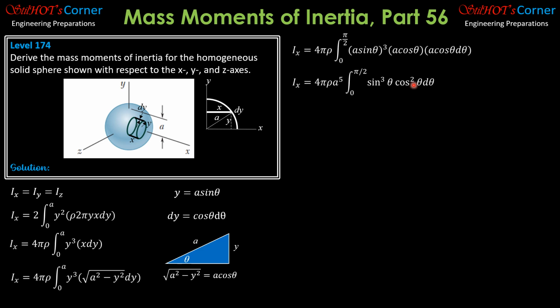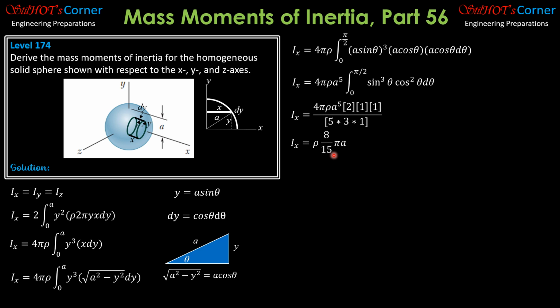For cosine, 2 minus 2 is 0, then we stop. Alpha is 1, all over sum of powers 5 decreasing by 2, so 5 times 3 times 1 in the denominator. So Ix is 4 pi rho a to the 5 times 2 times 1 times 1 over 5 times 3 times 1. And if you simplify that, that's 8 over 15.